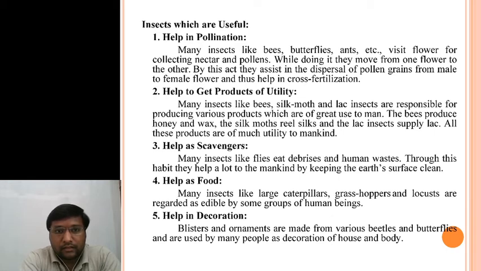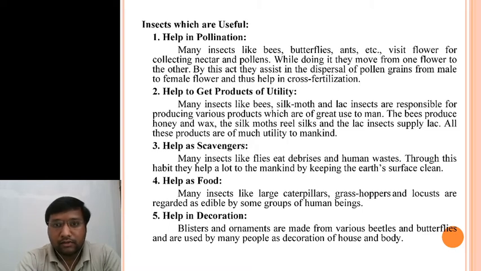Then second, it helps to get products of utility. For example, honeybees produce honey which is useful for human beings, or this honey is used as food by humans.